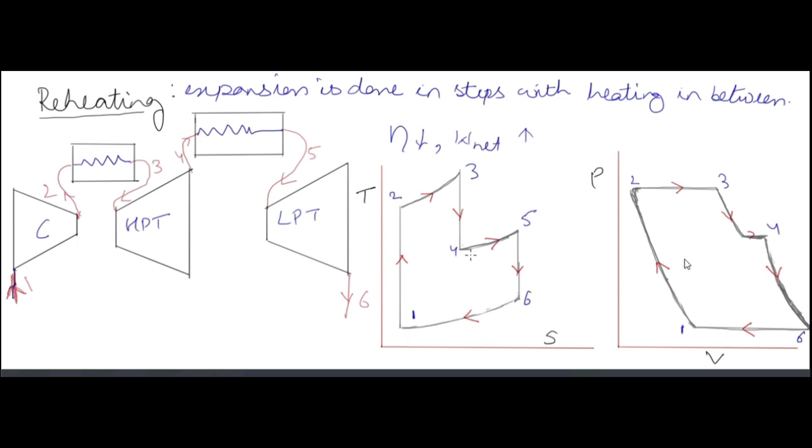All the heat is added at constant pressure and the expansion and compression are reversible adiabatic. If it is not adiabatic, then it would be a polytropic process. So in ideal cases, wherever it's given ideal, we will go with adiabatic.